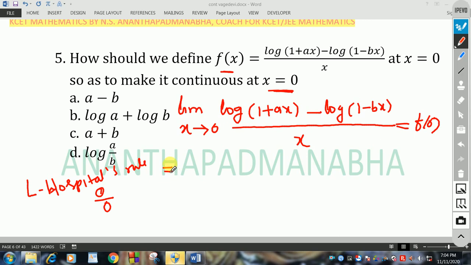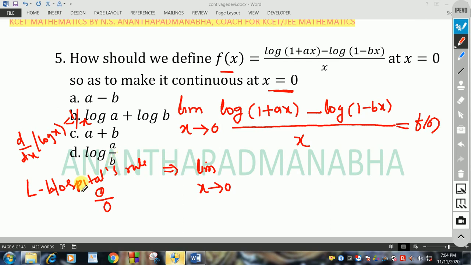So now this will be limit as x tends to 0, where I differentiate log x. D by dx of log x is 1 by x, and there is a rule called the chain rule.